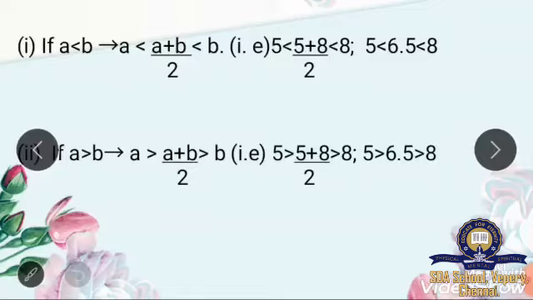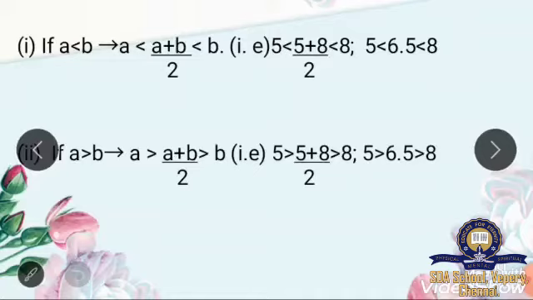So we are going to represent it in the same condition. So 5 is lesser than (5 plus 8) divided by 2, which is lesser than 8. So we get 5 lesser than 6.5 is lesser than 8.